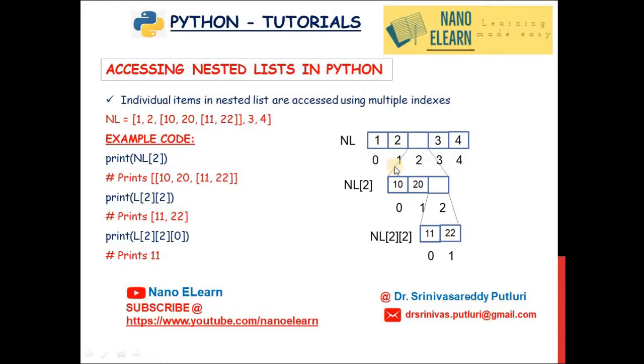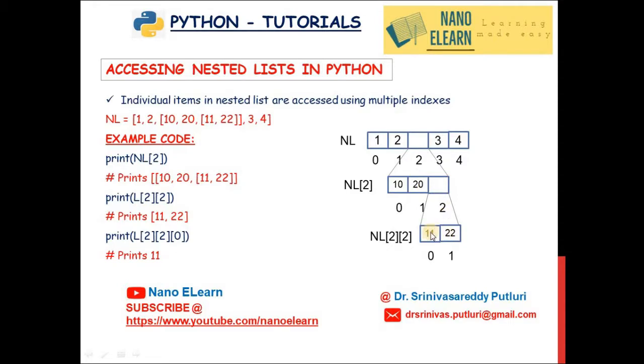We have the values 1, 2 at the index positions 0 and 1, and the values 3, 4 at the index positions 3, 4. And in the second index position, we have another sublist which has the values 10 and 20. So to access this 10 and 20, we need to print the value using NL of 2, because at the index 2 position, we have the values 10, 20.